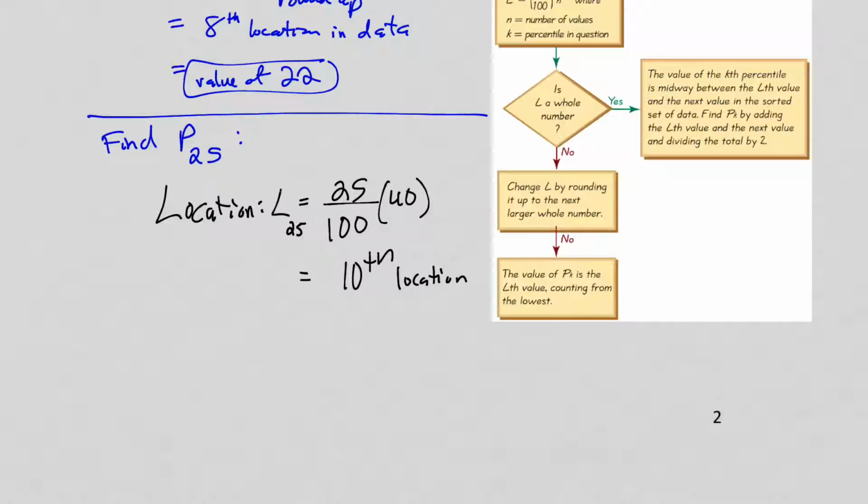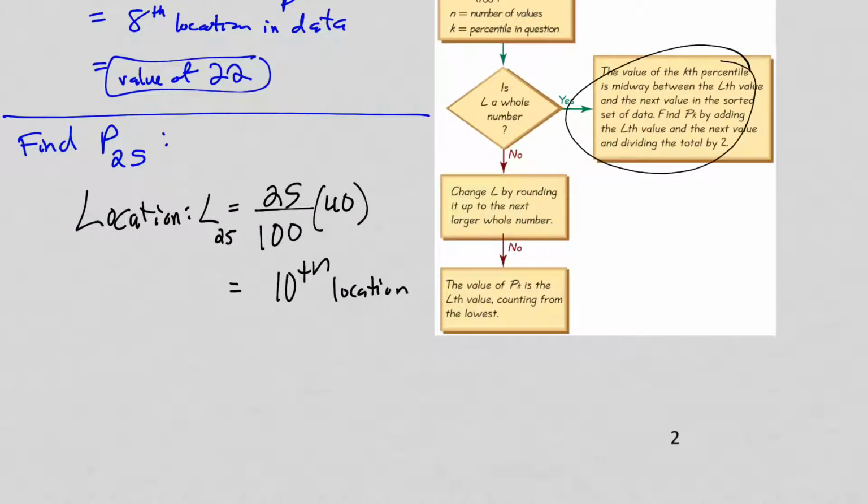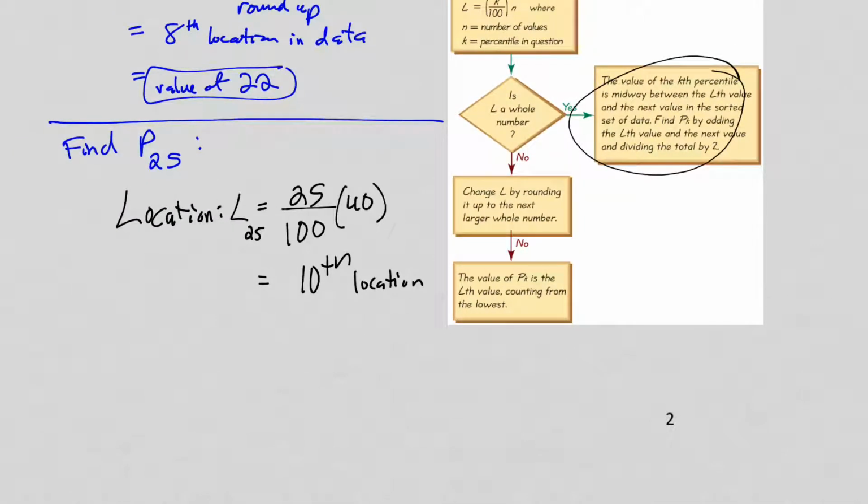But we have to follow this here, which says that we just found the location, but we're supposed to look at the midway between the 10th location and the 11th location.